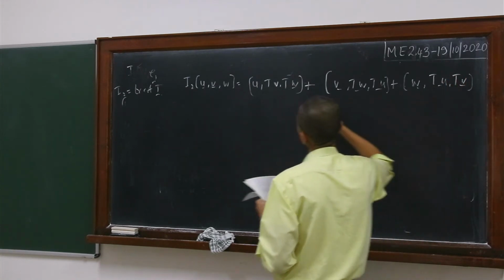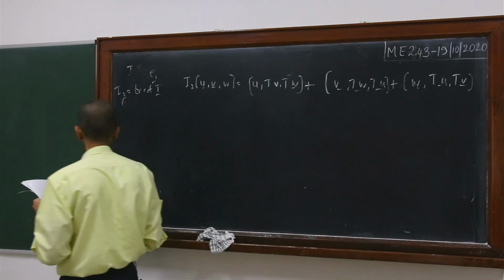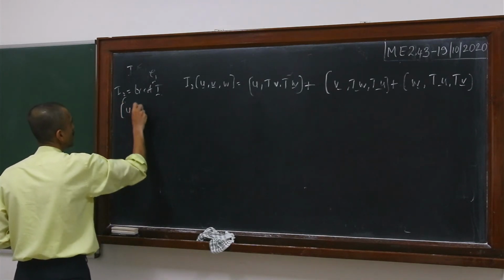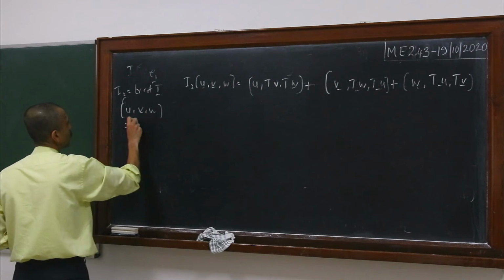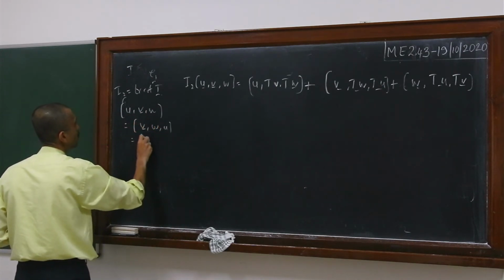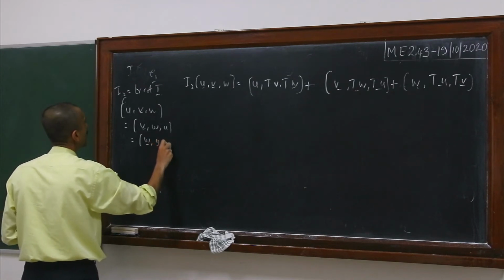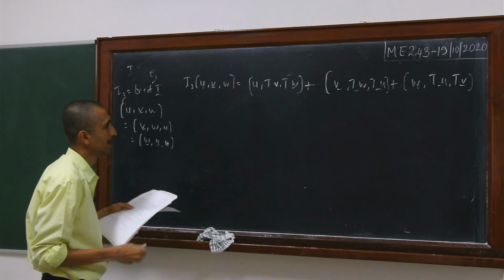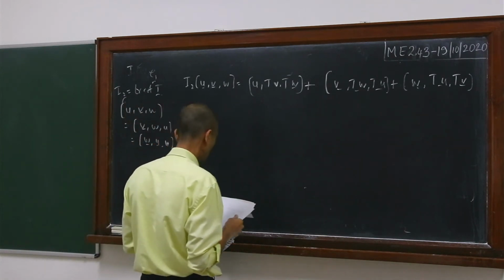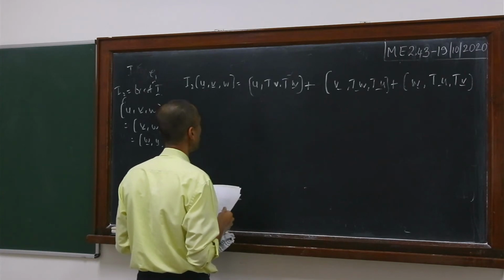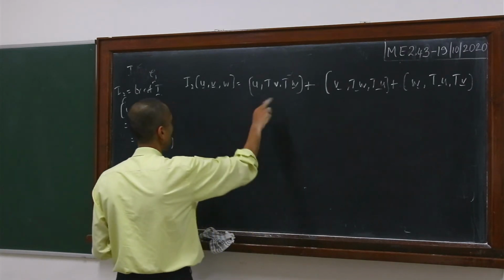I am just using the properties of the scalar triple product. That means I am using that UVW is equal to VWU, which is equal to WUV, and so on. So I can write the scalar triple products in this particular way here. Then use the definition of the transpose of the cofactor also.